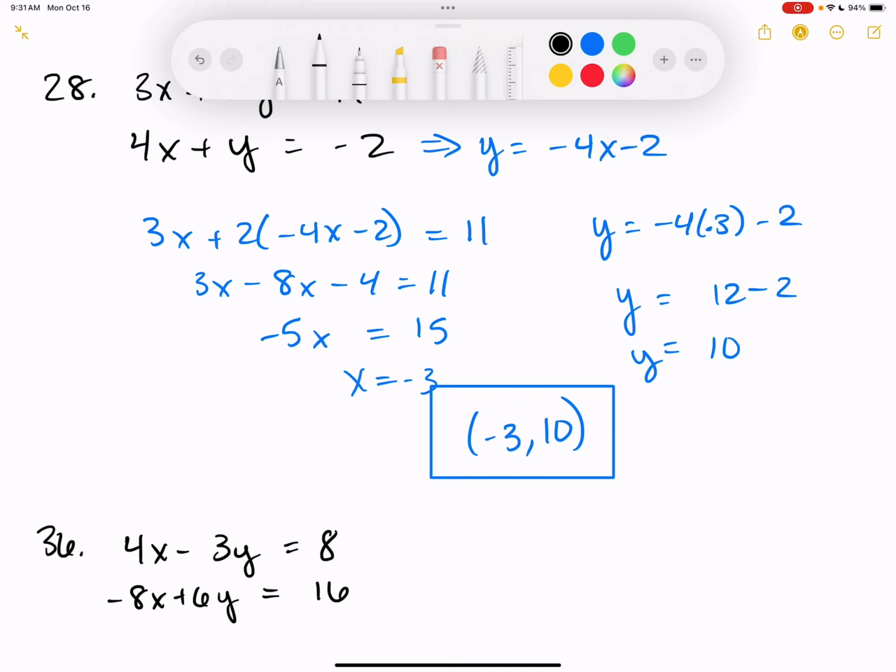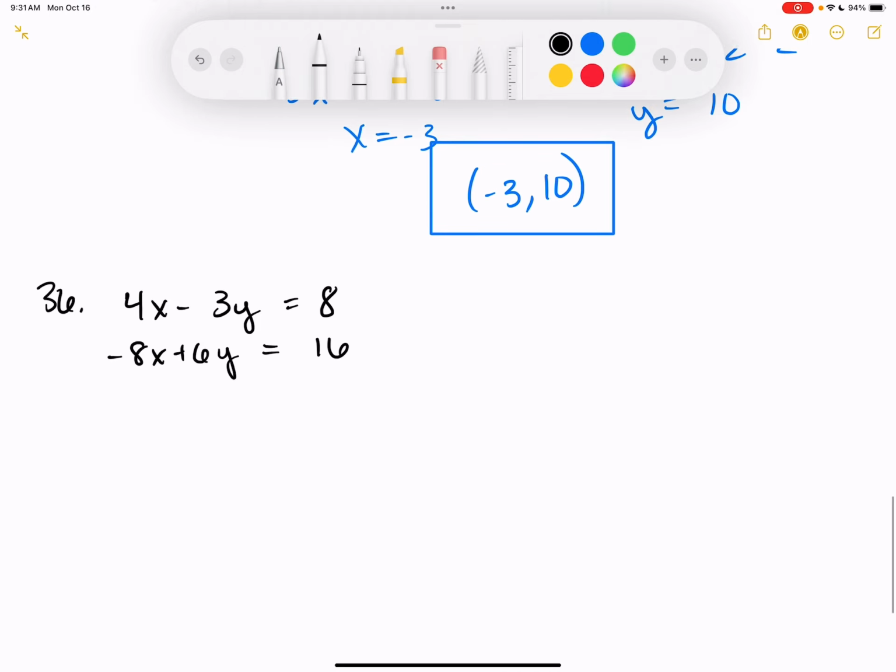So what method should I use for this one? The droids are in the way. Elimination. And which equation, or if I need to do both, am I multiplying, and by what?